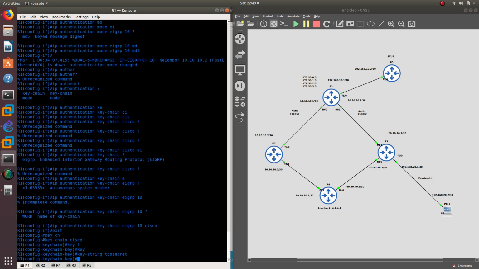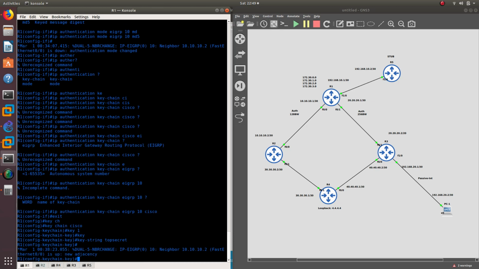Now it should come up. And there you go. Since now the key strings are matching, you can see that my neighbor relationship came up, which is great.